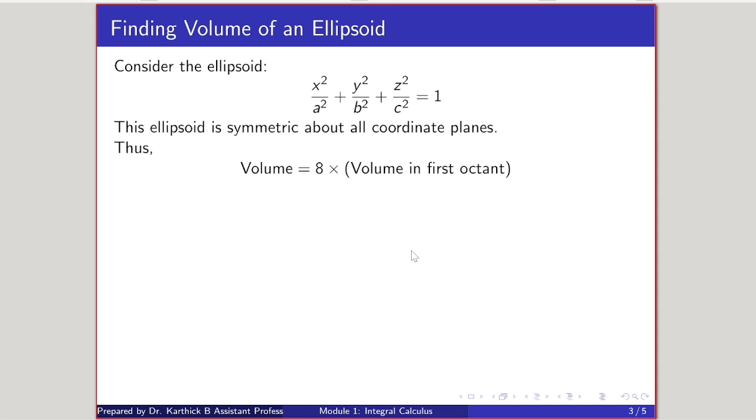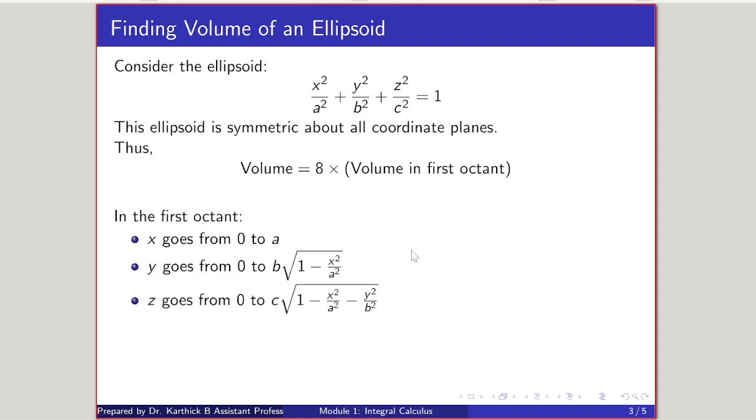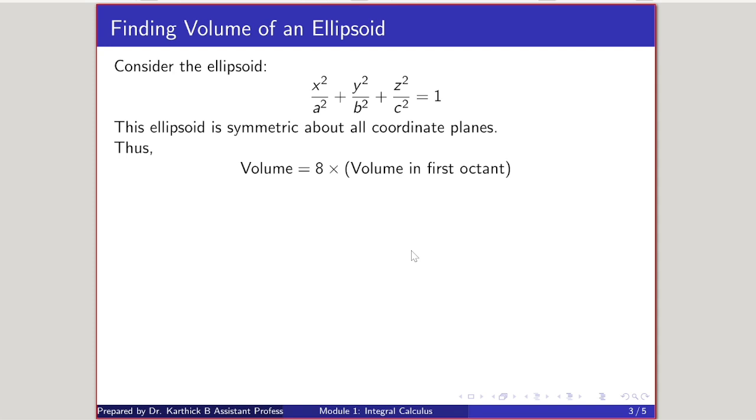So we apply the same process, and to evaluate this it will be 8 times the triple integral over the region, of dx dy dz, or else dz dy dx, according to which you have to find the limits for x and y.